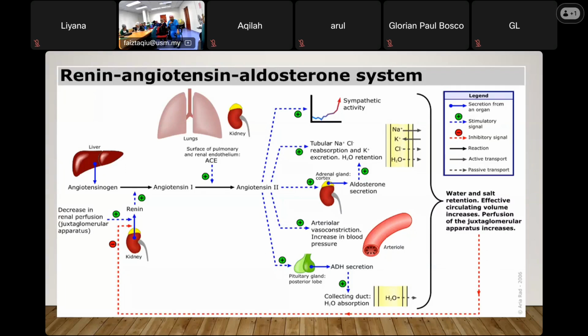By organ, first thing, in the adrenal gland, it will increase production of aldosterone. So you cannot just say adrenal gland. Where is aldosterone produced? That is good, but to get that answer is impossible in exam.